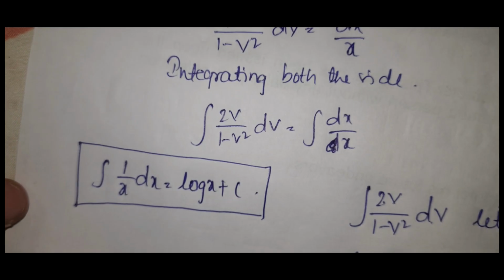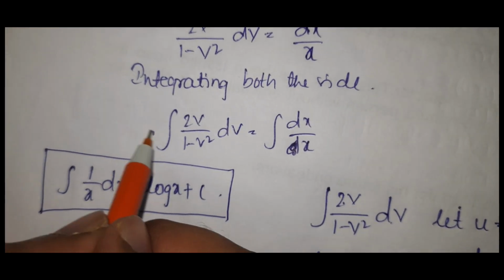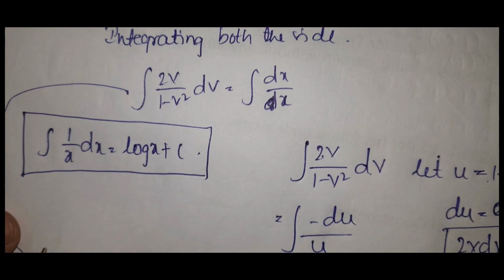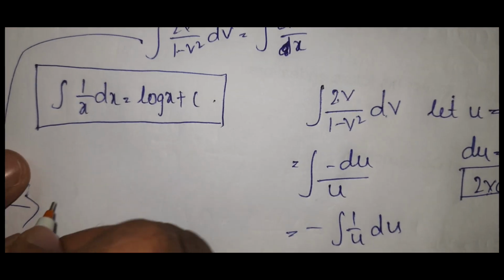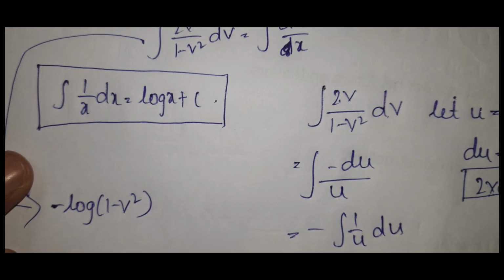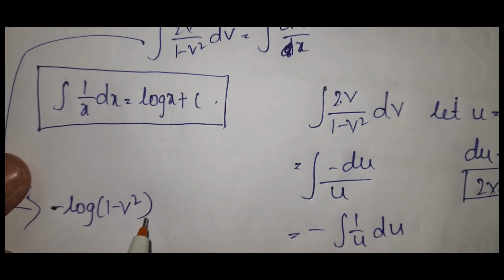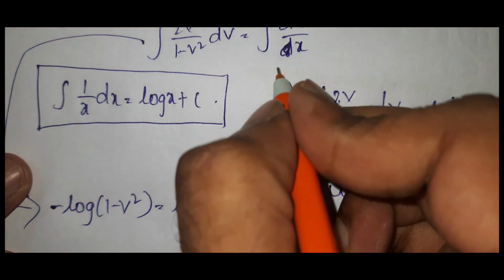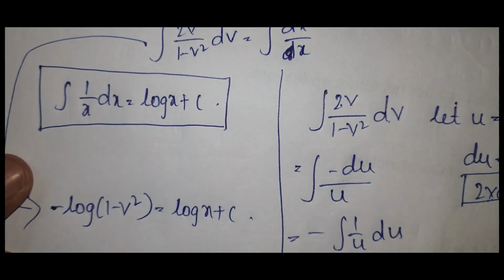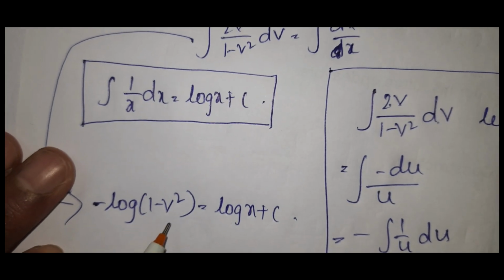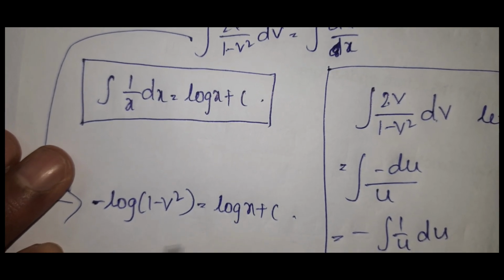So the integration of this step is nothing but minus log of 1 minus v square is equal to log x plus c. Alright, this is the rough work. This is the complete rough work.